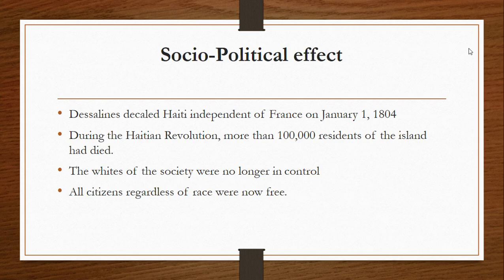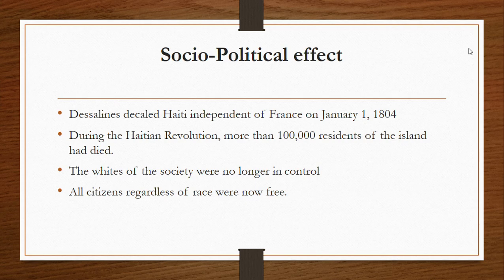And by the end of the Haitian Revolution, one of the results is that Haiti became one of the first independent colonies in the Western Hemisphere, the first black-run island, and the first island to have gained its independence through resistance and revolt.